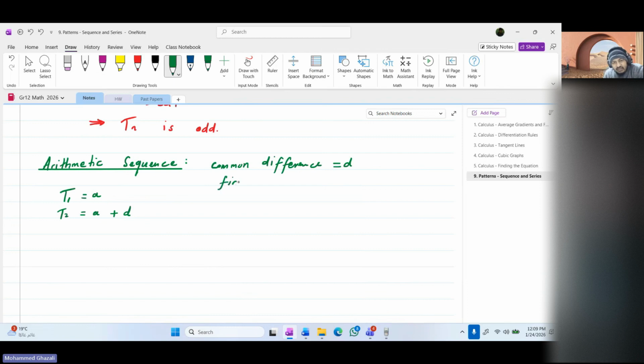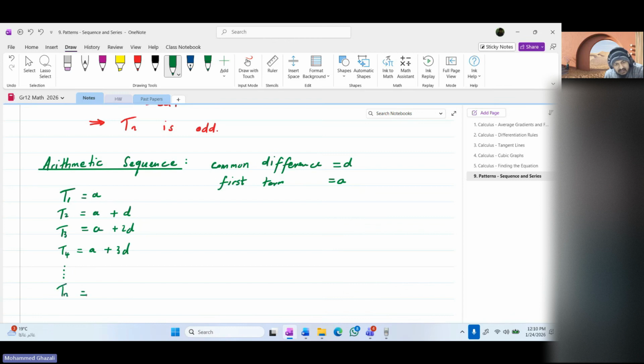And first term is always A. The value is A. So we started with the first term, and we're adding a D. So term 2, we're going to add another D, so it's going to be A plus 2D. Term 3 is A plus 2D, term 4 is A plus 3D, and so on.